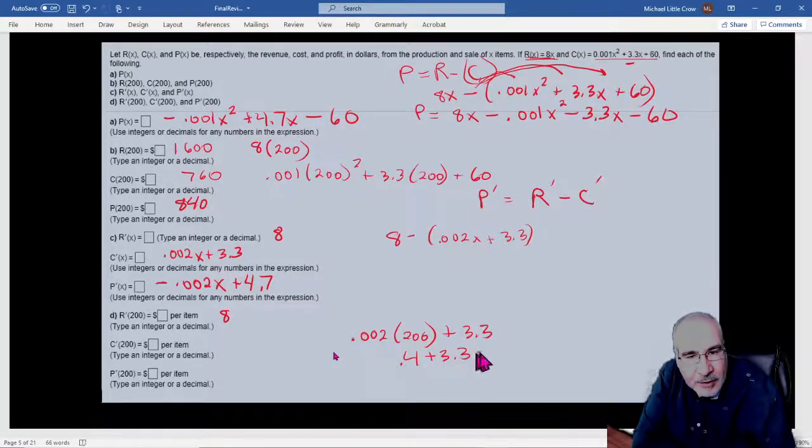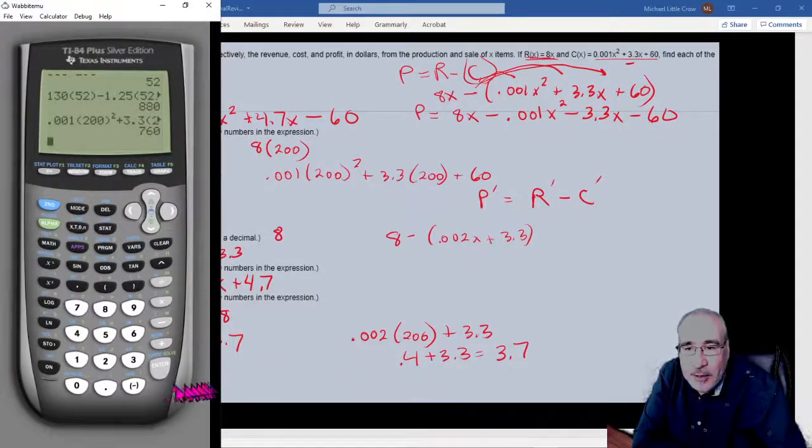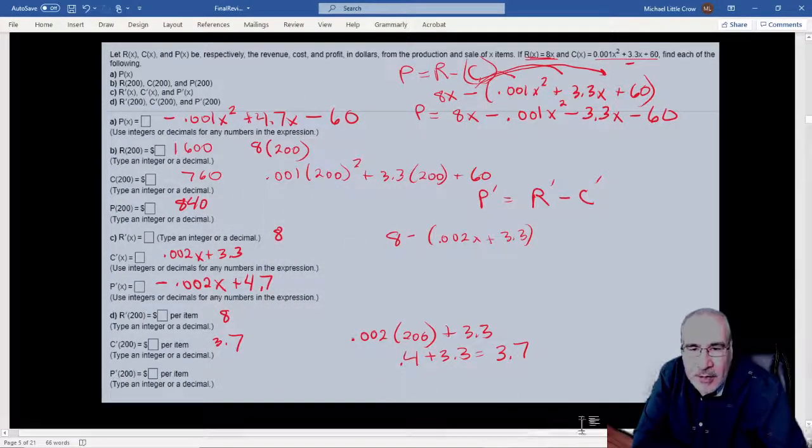And so that gives us 3.7. I'm just going to do a double check on that. Early morning. 0.002 times 200. I hate to be off by a power of 10, because that's a huge difference. Okay, good. I'm feeling better. I've done that before, and if I didn't move the decimal enough or moved it too much, I'm off by a power of 10.